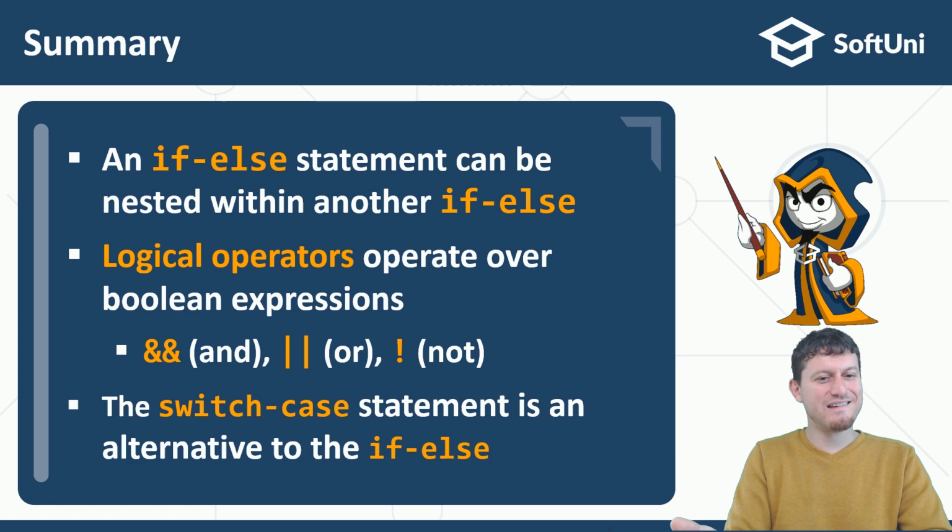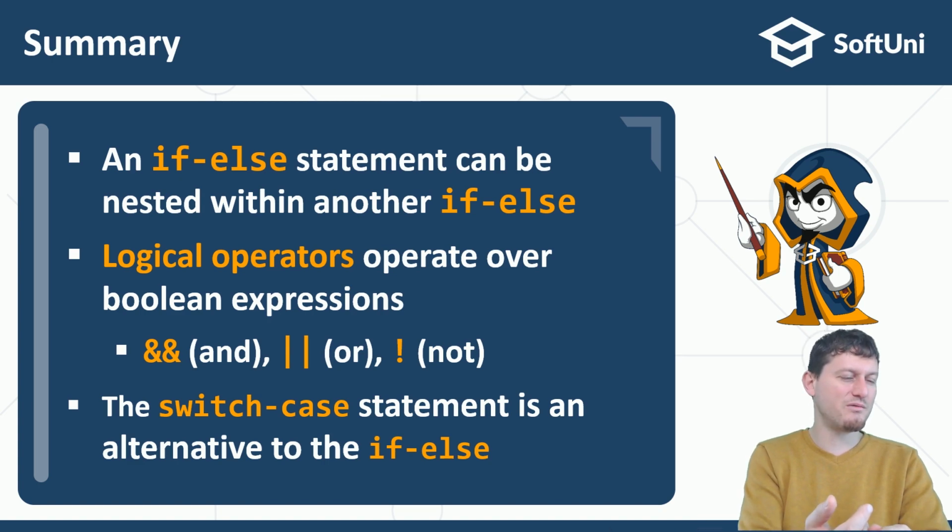So in summary, we already have the knowledge and skills about building complex programming logic, branching logic, which does different things depending on the different input by checking with logical operators and with more complex conditional statements.